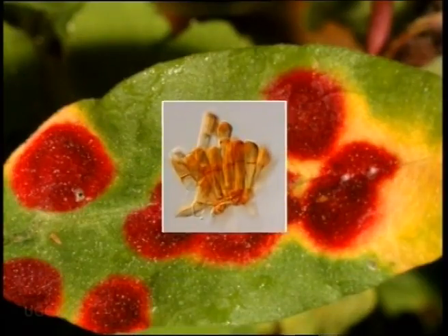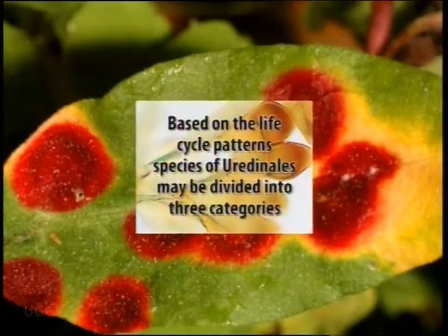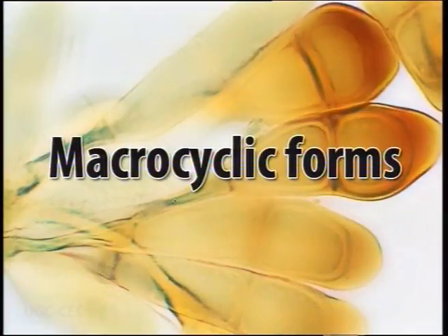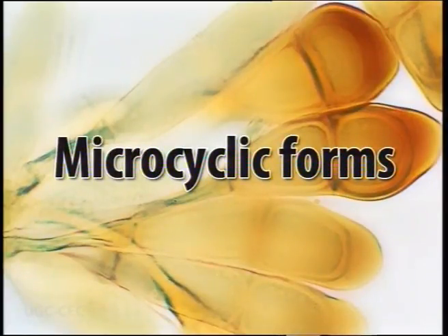However, not every species produces all the 5 stages mentioned earlier. Based on the life cycle patterns, species of Uredinales may be divided into 3 categories. Number 1, macrocyclic forms. Number 2, demicyclic forms. And number 3, microcyclic forms.